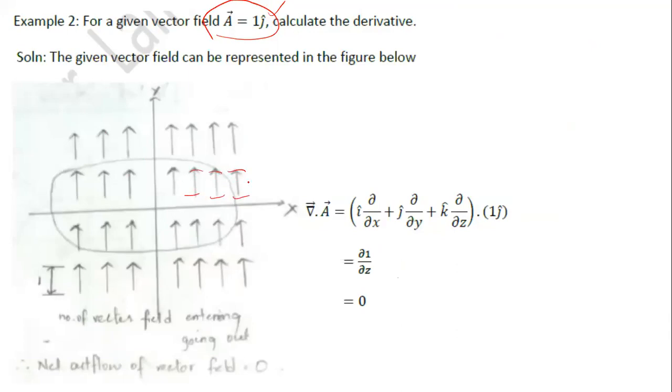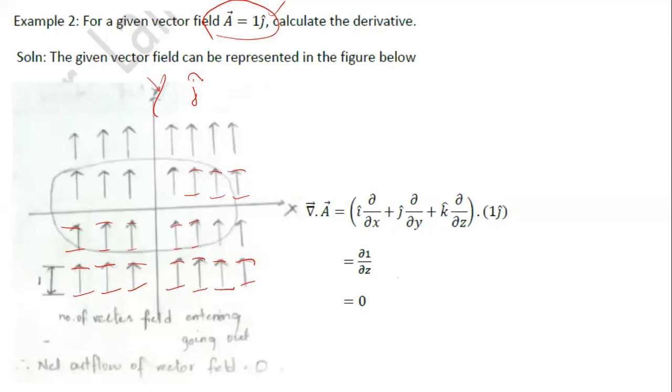If you plot in this xy space, this is what you're going to have. The magnitude is 1 everywhere in this space, and the vectors are all pointing along the y-axis, the j cap direction.